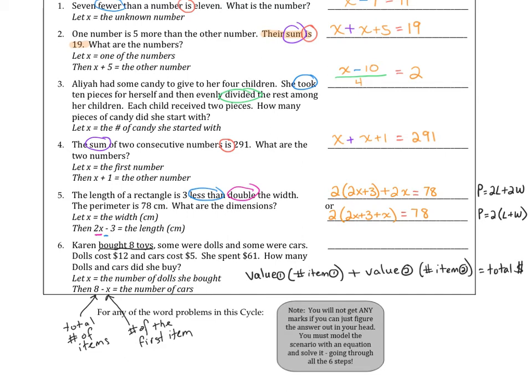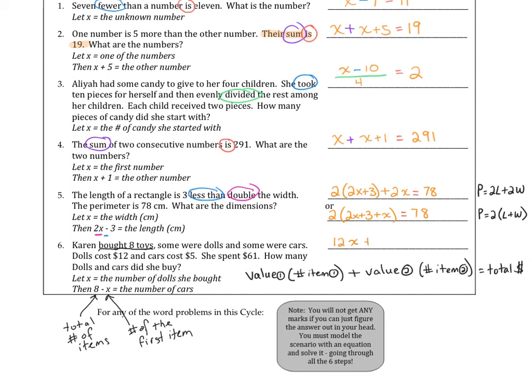Each doll costs $12. So you're going to take $12 and multiply it by how many dolls that you're buying. And in this case, we are buying X number of dolls. So we're going to take 12 and multiply it by X. That's how much money you would spend on dolls. $12 times the number of dolls.